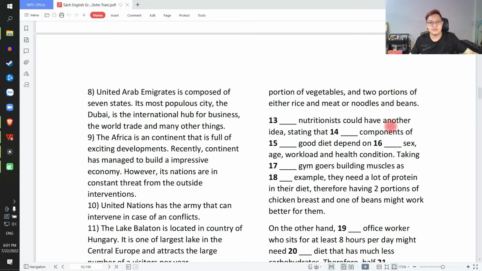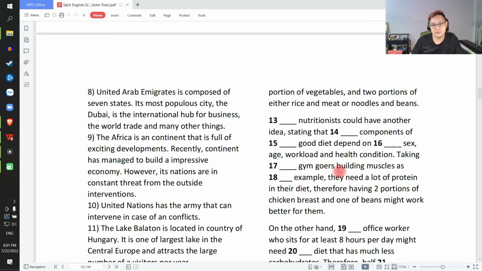Nutritionists could have another idea, stating that the components of a good diet depend on sex, age, workload, and health condition.